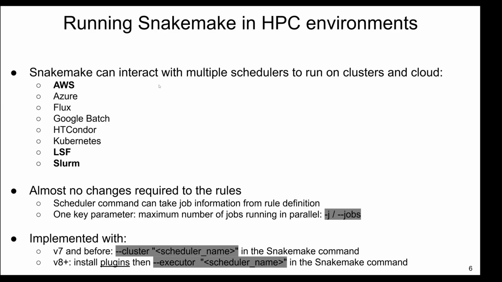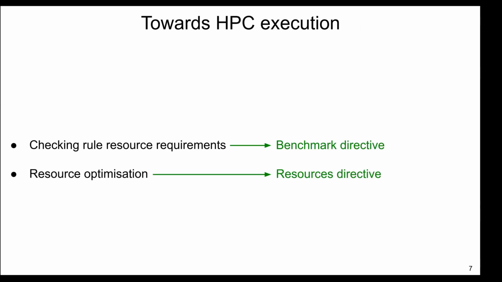The way to activate the cluster mode in Snakemake is either through the --cluster option in Snakemake version 7 and before, or, after version 8, you need to install a plugin and then use --executor and the scheduler name in the Snakemake command.